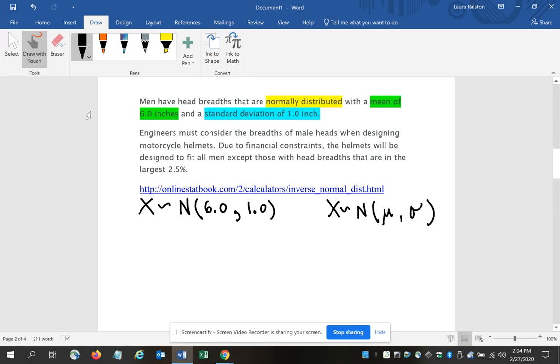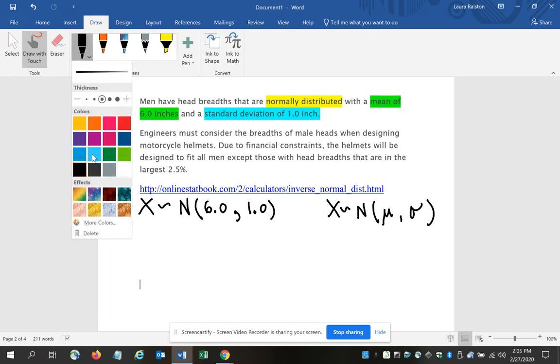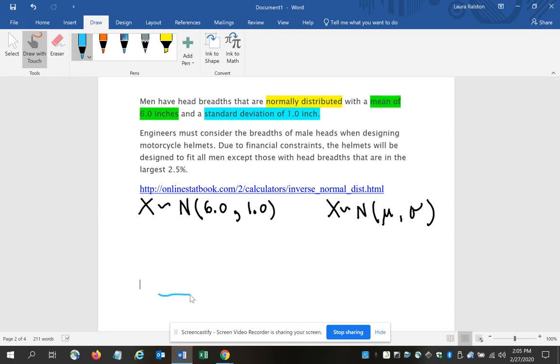Whether I'm going to use the website or the calculator, I like to draw a picture of what's going on. So I know that I have a normal distribution. I'm going to draw the horizontal baseline, and the normal bell-shaped symmetrical looking curve. I'm going to label the mean, which is the measure of center and would be in the middle.